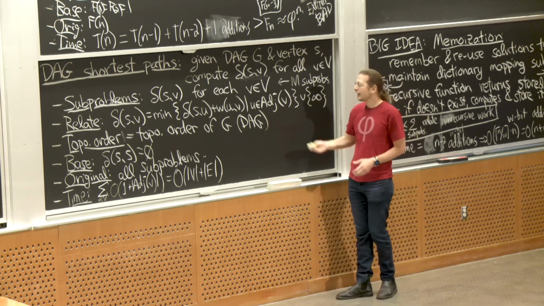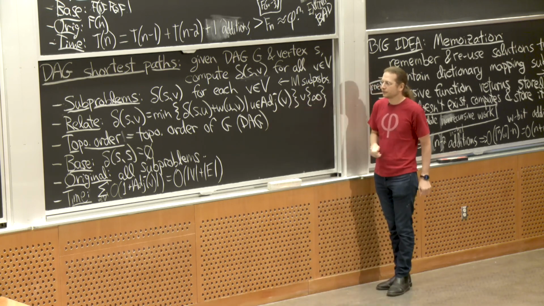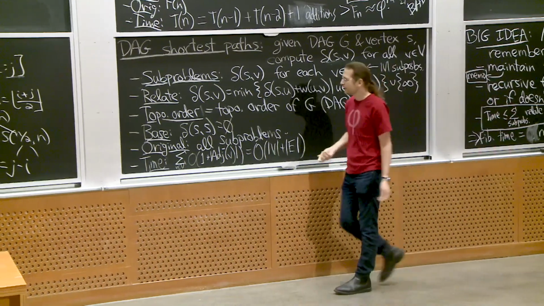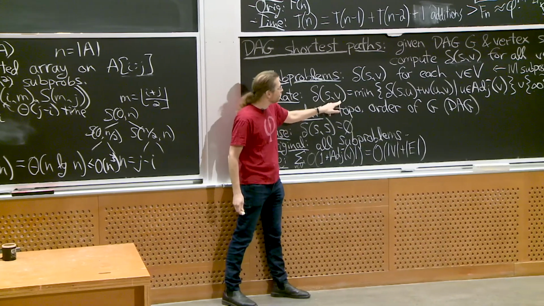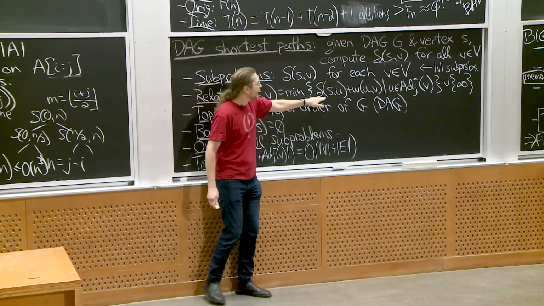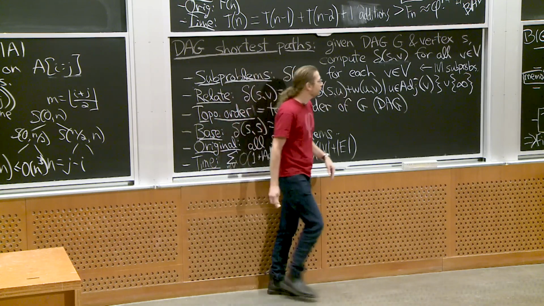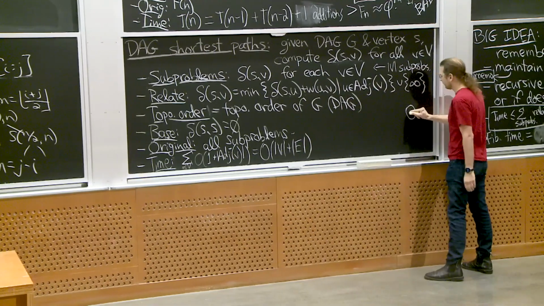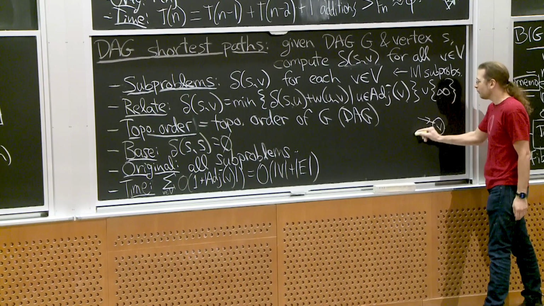And then we have, I think we wrote this at some point during the DAG shortest paths lecture, a recursive relation saying that the shortest way to get from S to V is the minimum of the shortest path to get to some vertex u plus the weight of the edge from u to v. Why? Because if we look at a vertex v, unless we started there, we came from somewhere.